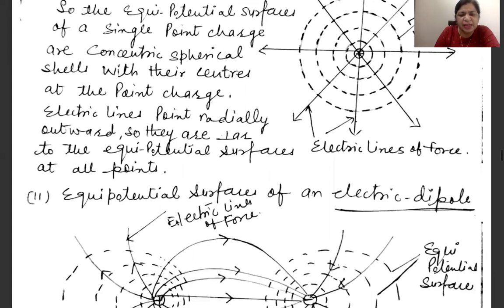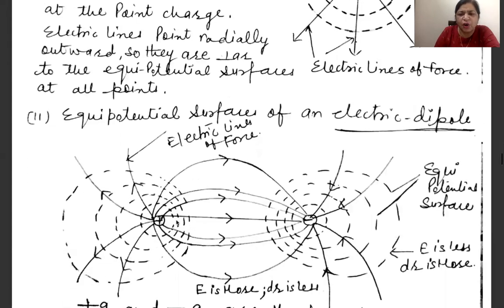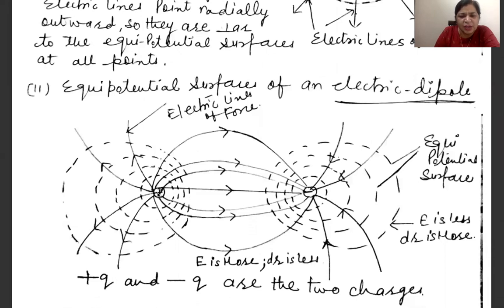Now the next thing is equipotential surfaces of an electric dipole. We have a dipole, this is a plus charge, this is a minus charge, and as this is a dipole, their magnitudes must be the same. As we have drawn previously, these lines shown by solid curves with arrows move from positive to negative charge.